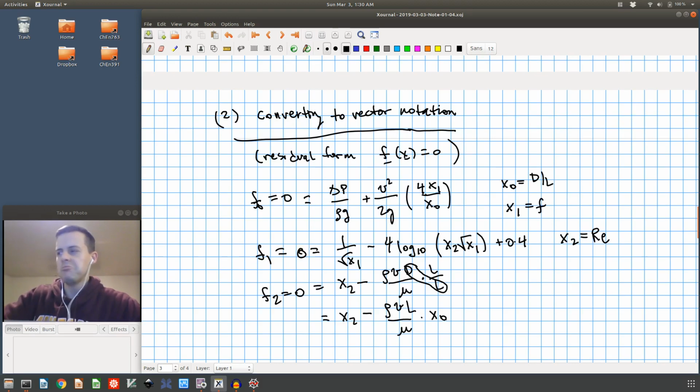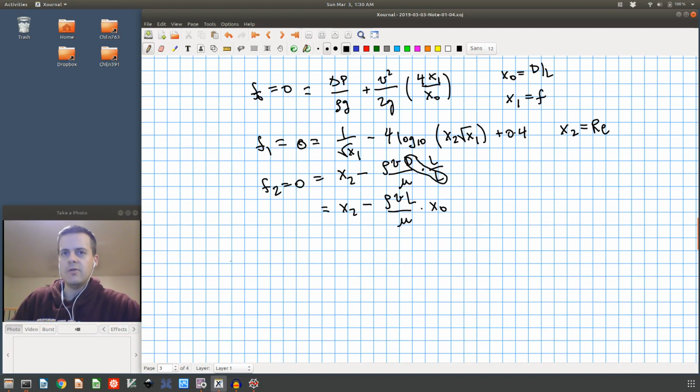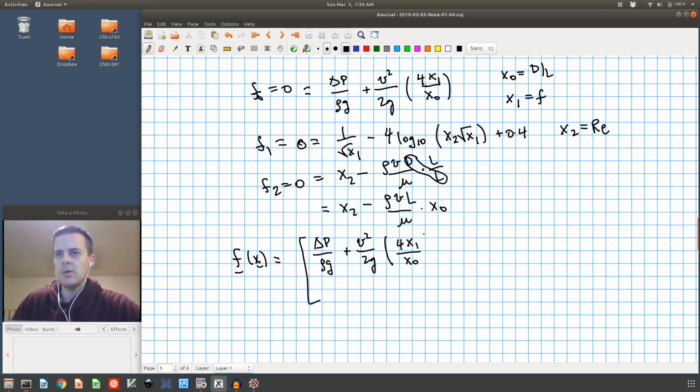multiplied by x0. Okay, so now I have in standard form f of x equals, and I just copy this from up here: delta p over rho g plus v squared over 2g times 4x1 divided by x0. There's the first equation. I have 1 over the square root of x1 minus 4 log 10 of x2 root x1 plus 0.4.